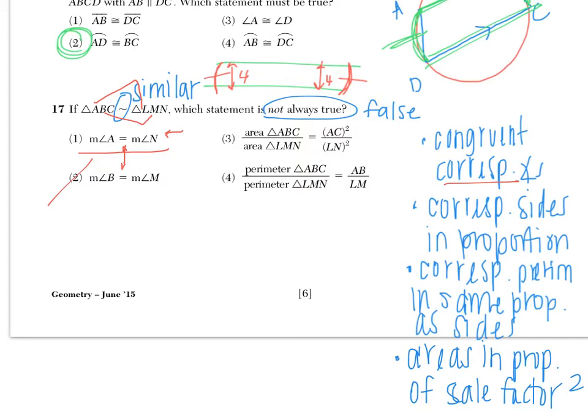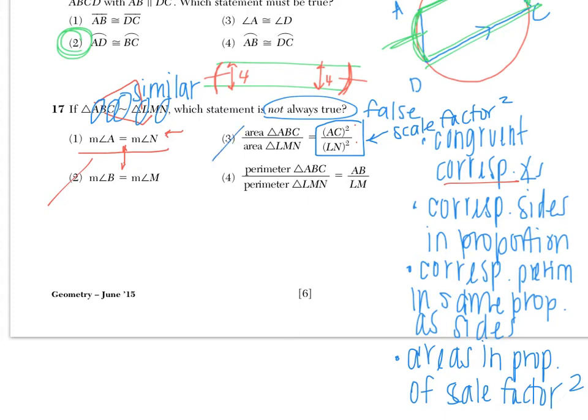The next one, choice 3, says area of ABC over the area of LMN is equal to AC over LN. Both of those are squared. Now it is true that AC is supposed to match up with LN. And if you square them, that's scale factor squared, then the areas would be in that same proportion.